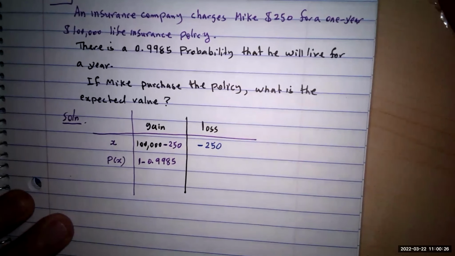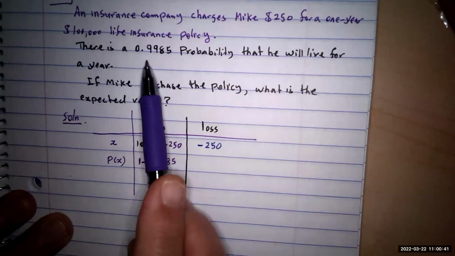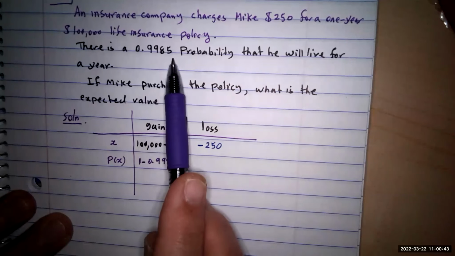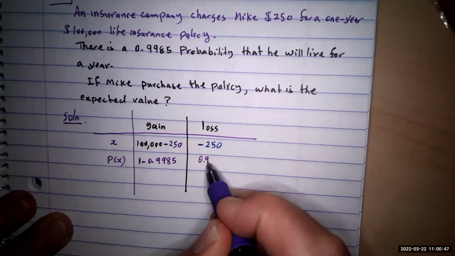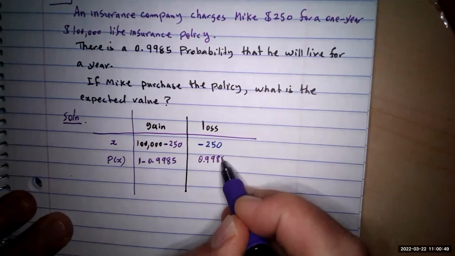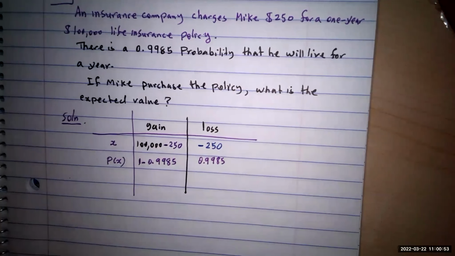He loses the money if at the end of the year he's still alive. And the probability that he's going to be alive is 0.9985.